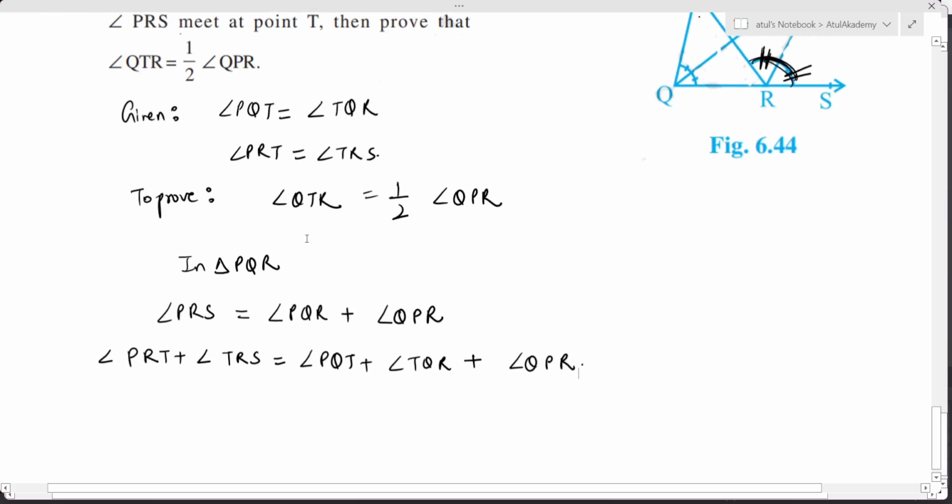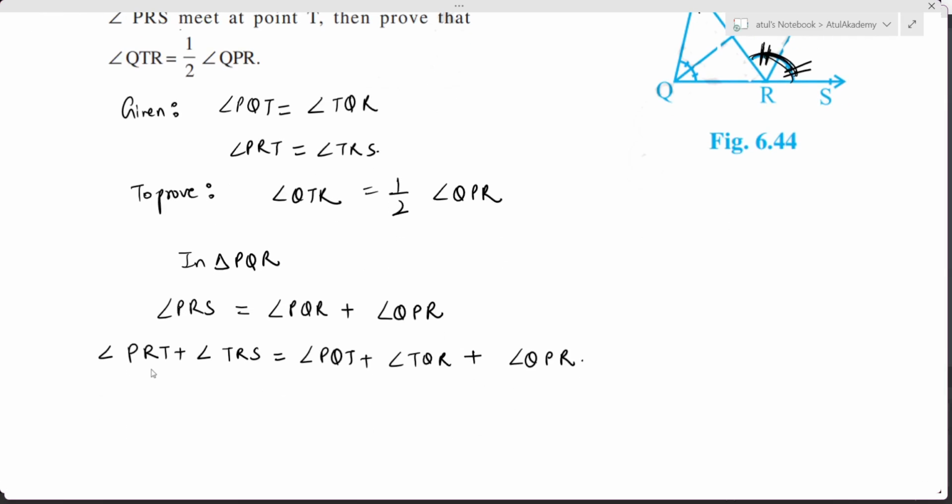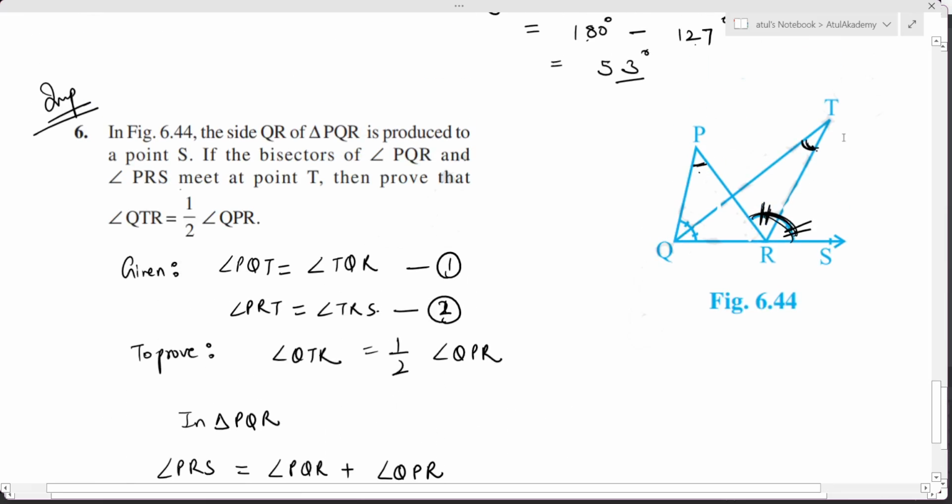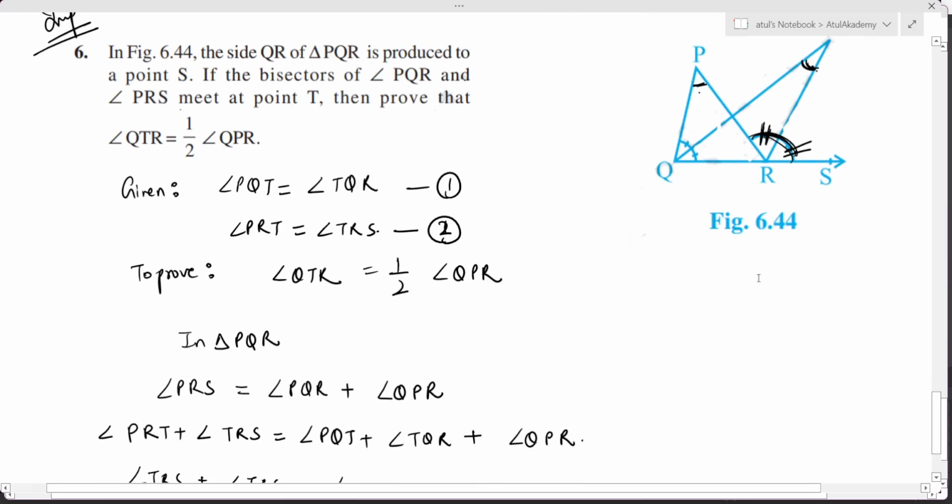Fine. Now I'll change it. What is this PRT? Both are the same. Can I write it as TRS plus TRS? Because I wrote that they are equal. Fine. I'm using it from here now. And then this PQT is equal to what? PQT is equal to TQR.